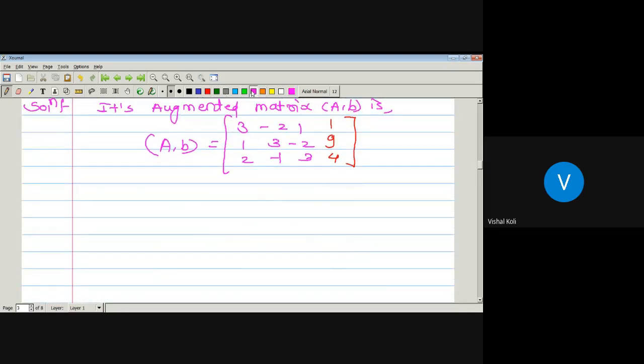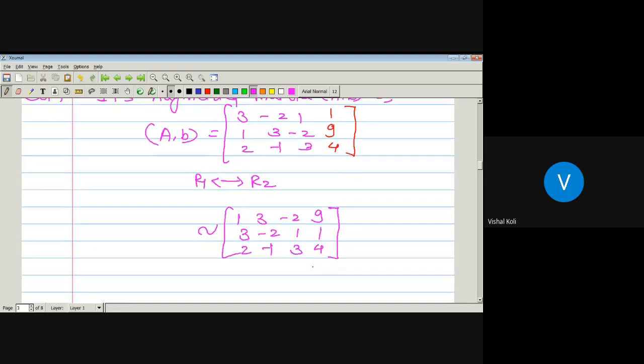Now we have to apply the elementary row transformations. Okay, so now R1 is changing to R2. That is, we have to make the first row as second and second as first. Then it becomes 1, 3, minus 2, 9, 3, minus 2, 1, 1, 2, minus 1, 3, 4. Third row as it is, we have to take.